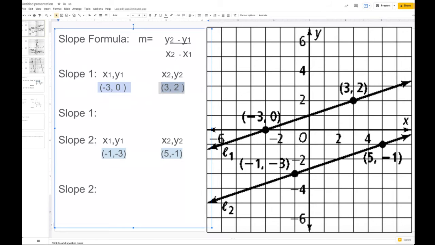Okay, so what answer did you get for the first slope when you're entering the 2 points in the site? You're only entering this one here and this one here.